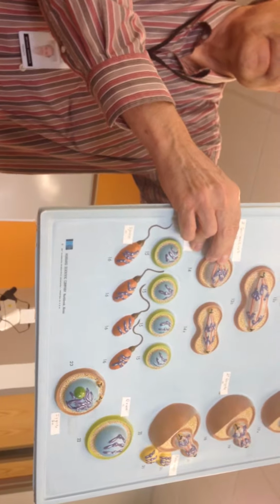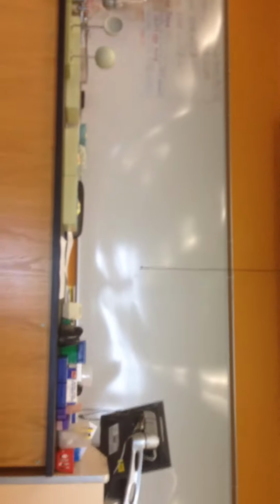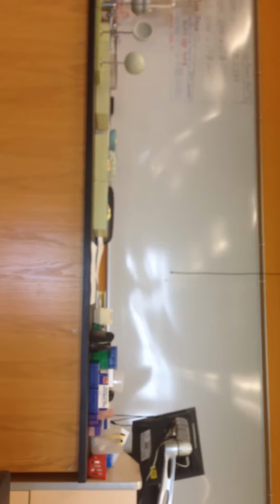Down here, how many chromosomes do we have in that cell? Count them. 3. We started with 6, and we reduced the chromosome number by half. Now, don't confuse double-stranded and single-stranded chromosomes with diploid and haploid.